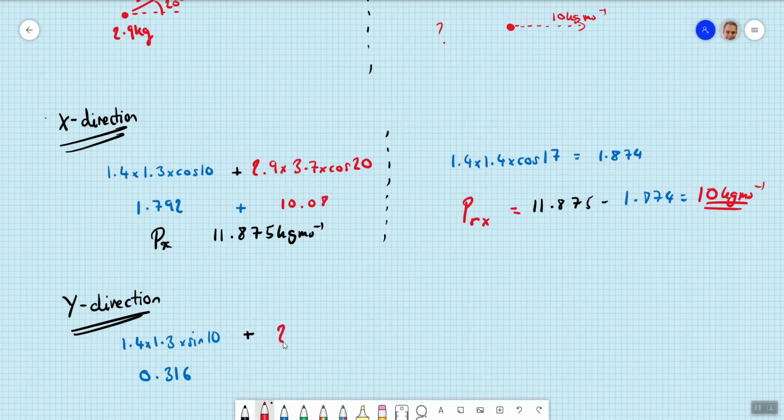We would have 2.9 times 3.7 times sine 20, and we've got 3.66987. Oh, great, so I'm going to go with 3.670.